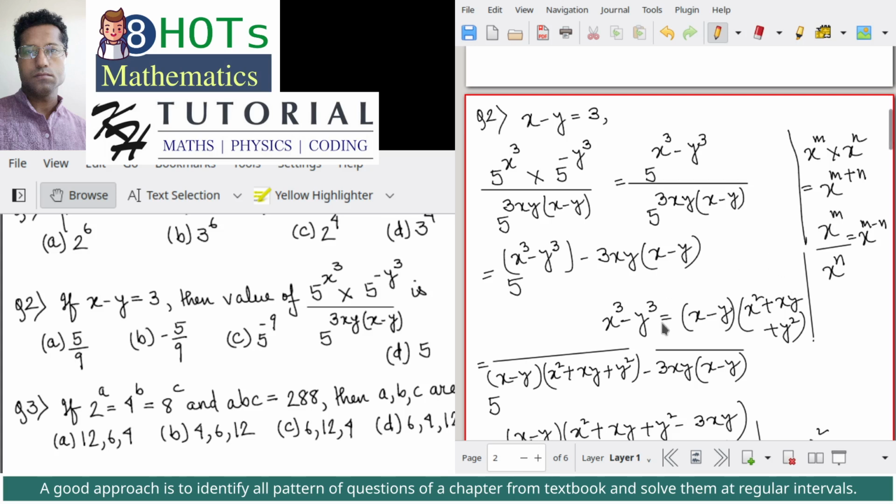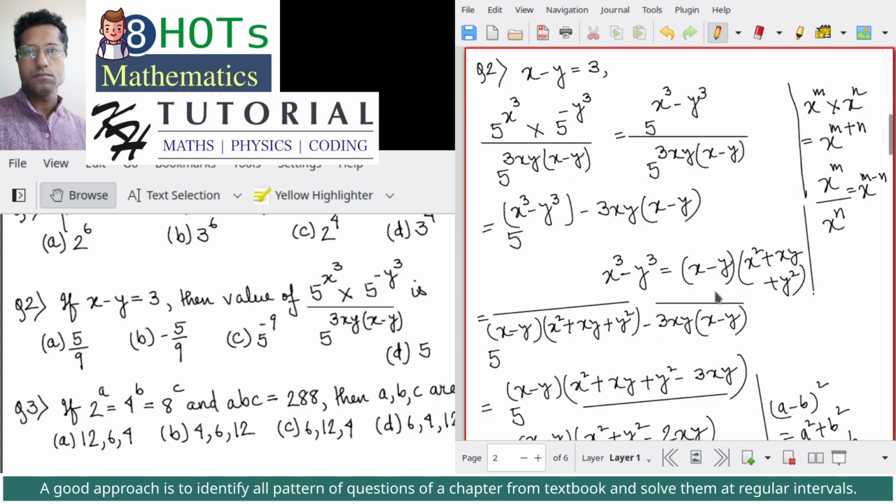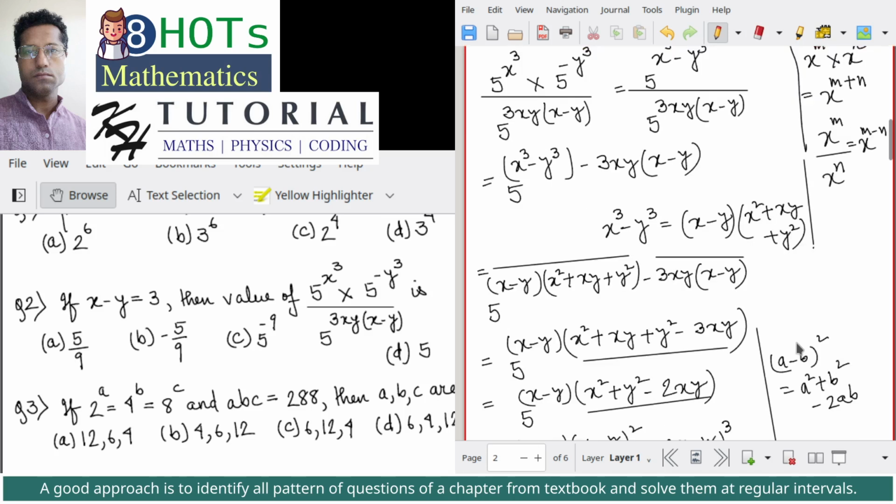If we simplify, it becomes 5 to the power x cube minus y cube minus 3xy multiplied by x minus y. From the algebraic identity, x cube minus y cube is equal to x minus y multiplied by x square plus xy plus y square. So it becomes 5 to the power x minus y multiplied by x square plus xy plus y square minus 3xy.